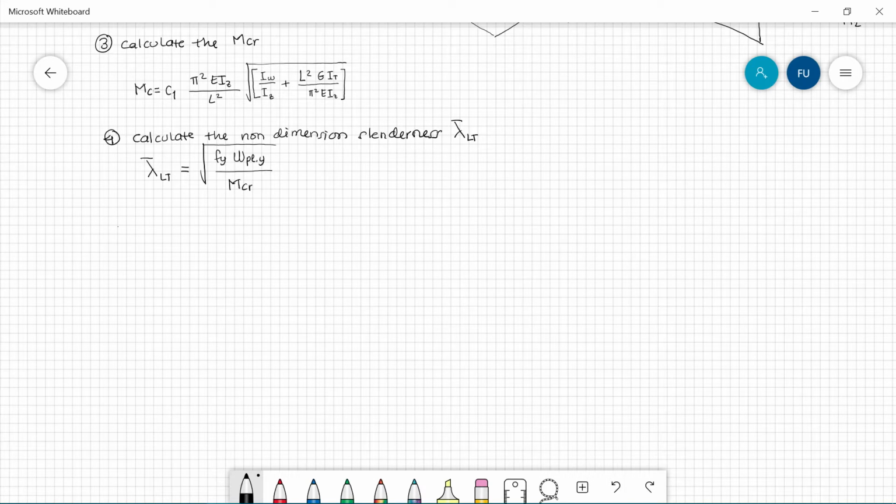Then we determine number 5. Calculate the h/b to determine the value of imperfection.